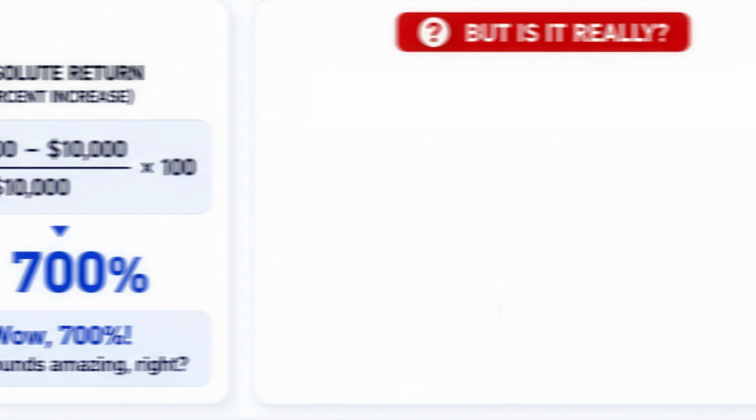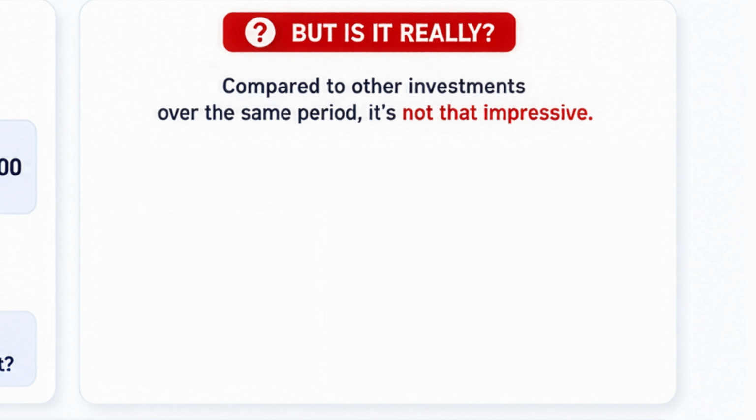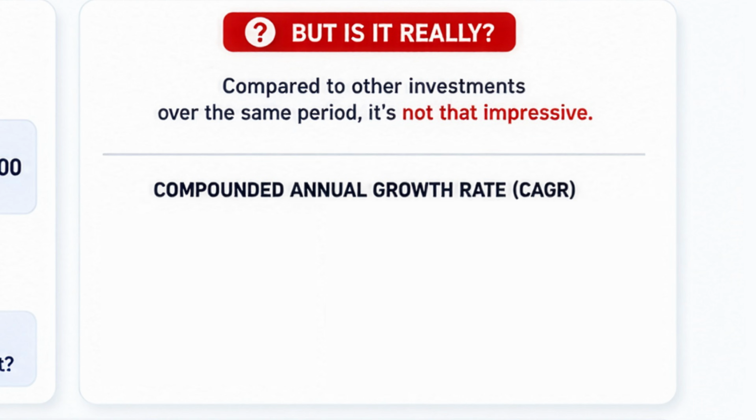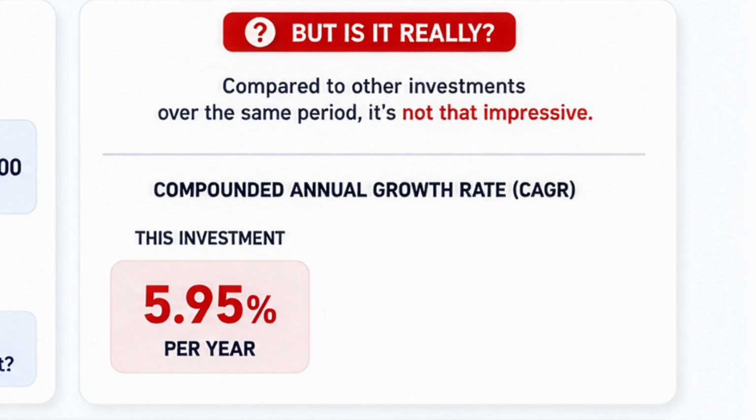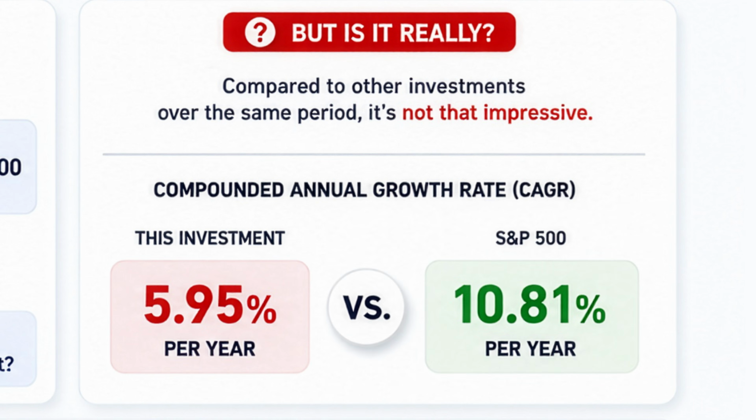That sounds amazing, right? But is it really? Compared to other investments over that same period, it's really not that impressive. The compounded annual growth rate, or CAGR, for that investment is only about 5.95%. By contrast, the S&P 500 had a compounded annual growth rate of 10.81% over that exact same period.